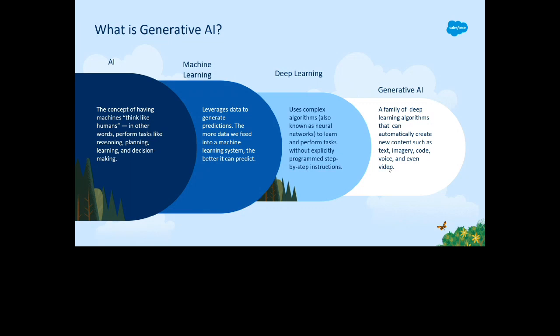As per Google, the most used generative AI tools in the last 12 months are GPT-4, ChatGPT, AlphaCode, GitHub Copilot, Bard, Synthesia, and there are lots of other tools available in the market. So let's go to the next slide, please.